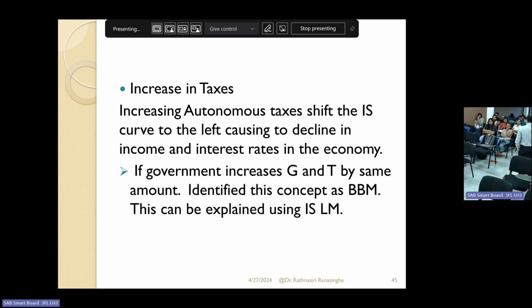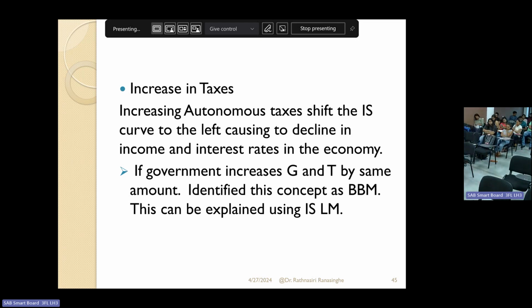So a withdrawal has a negative impact on the IS curve. That's why the IS curve shifts to the left. Earlier we discussed how the injections and withdrawal curves have an impact. The tax withdrawal shifts to the left, and that actually shifts the IS curve.